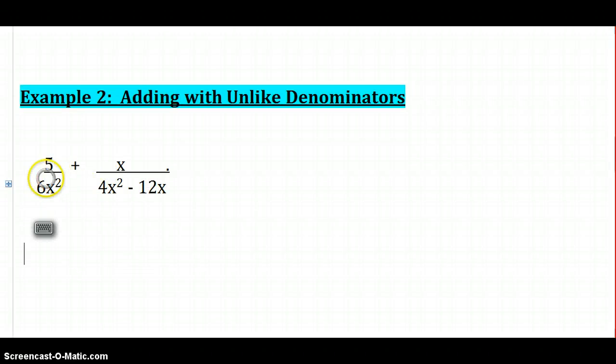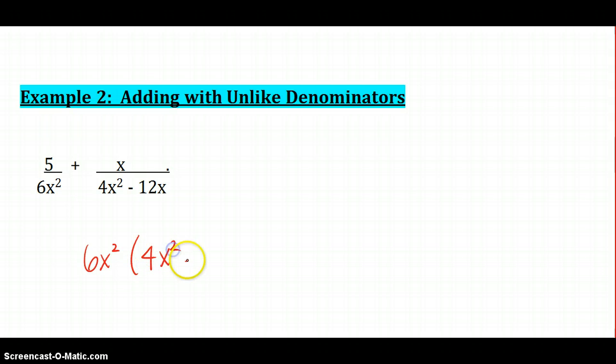When you have something that looks like this problem right here, the common denominator is going to be this denominator multiplied by this denominator. So your common denominator is actually going to be 6x squared times 4x squared minus 12x.